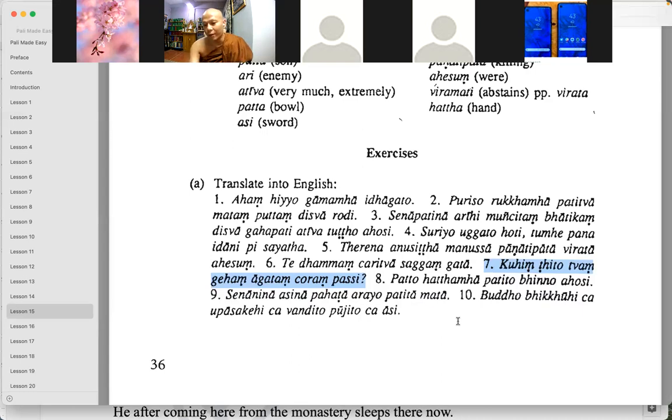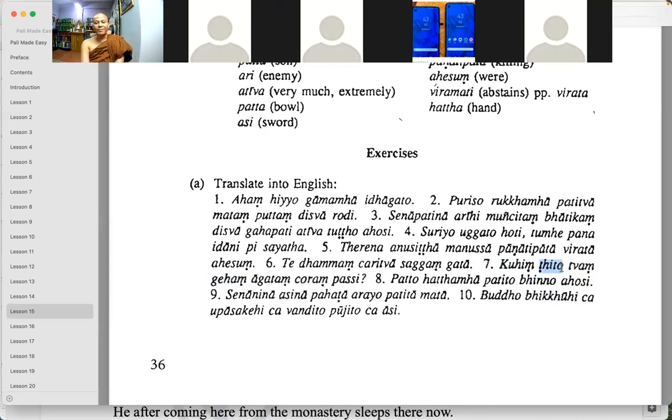Here in your translation, what is the function of tiṭṭhanto? It is the participle of tiṭṭhati, and you translated it as a gerund, right? Yes, stand and. That is a better translation.